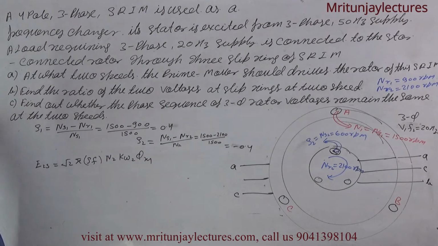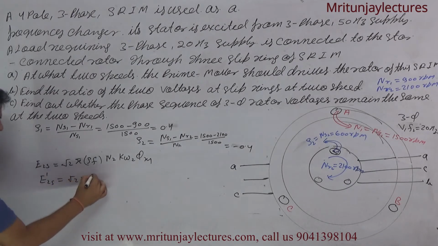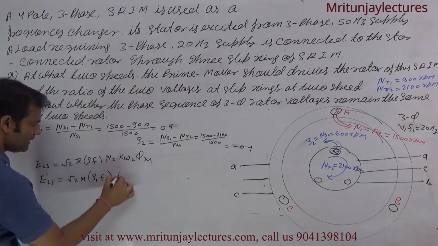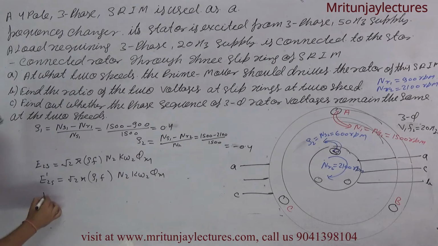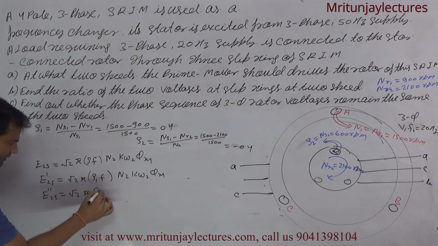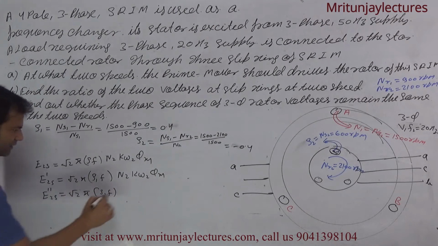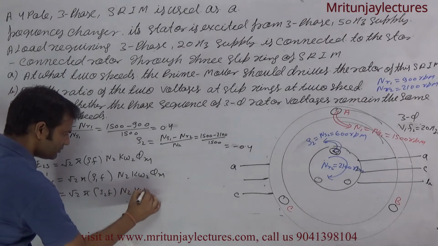Now corresponding to this one, suppose E2S is root 2 pi S1 F N2 KW2 into phi m, and E2 double dash will be equal to root 2 pi S2 F N2 KW2 into phi m.